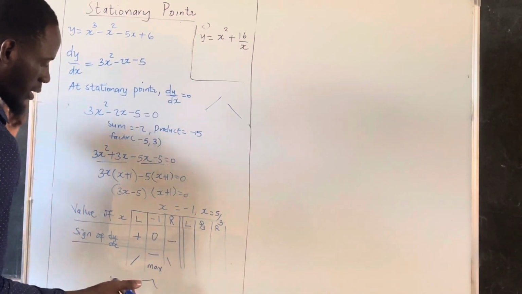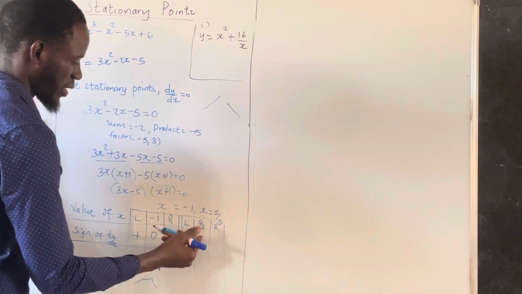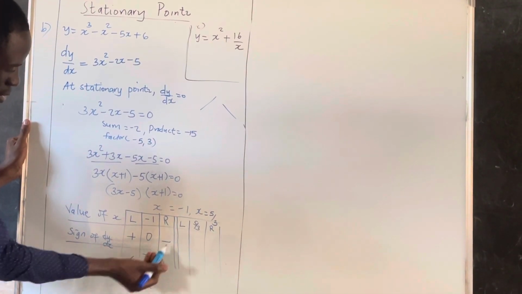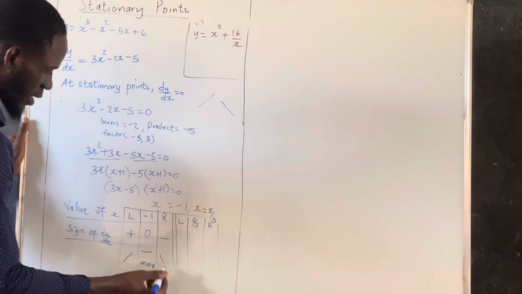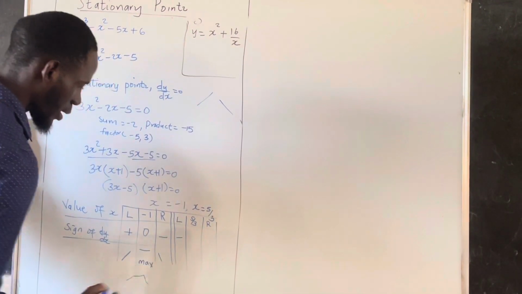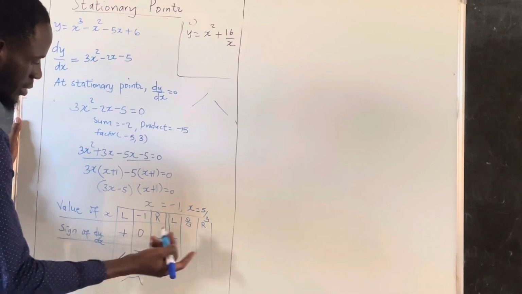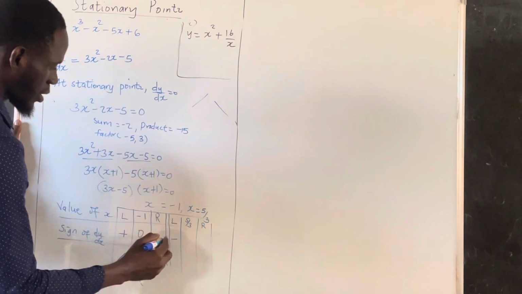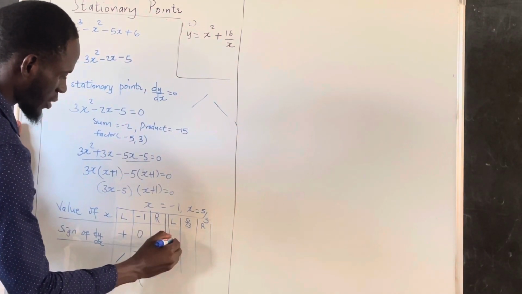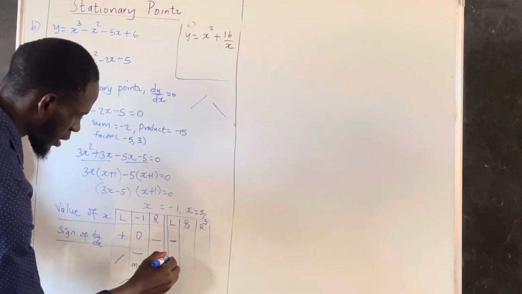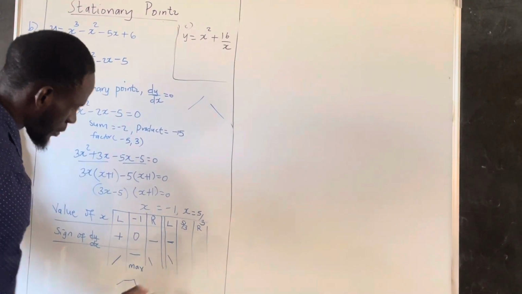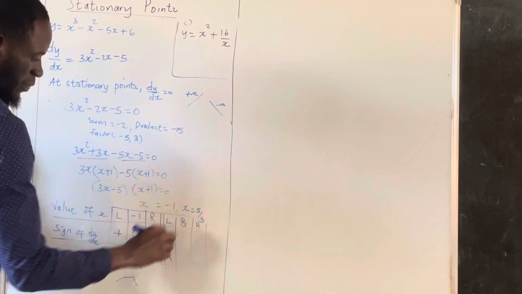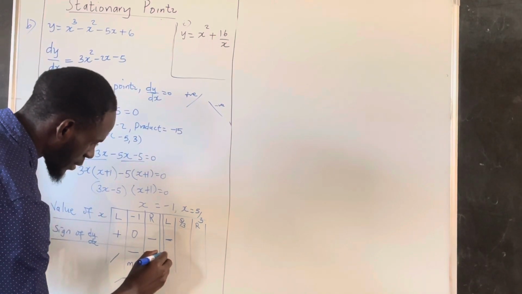Then we also choose a value that is on the left of 5/3, but it shouldn't exceed it, such as 0. The value there is going to give us a negative, because we are choosing almost the same value on the same gradient function. Negative points like this.